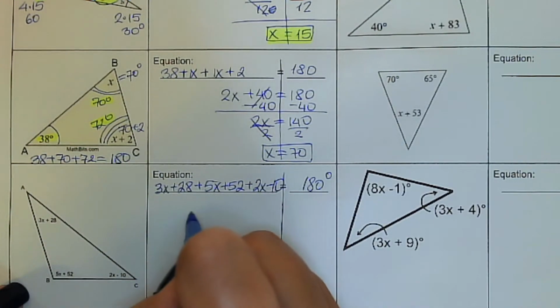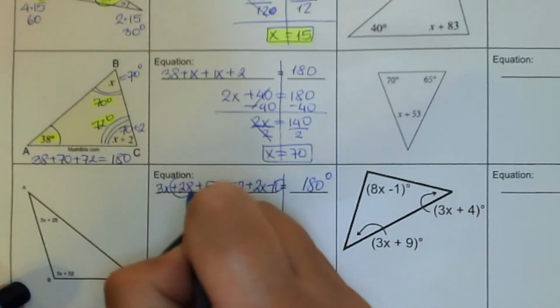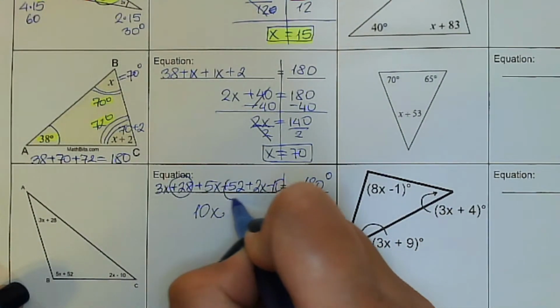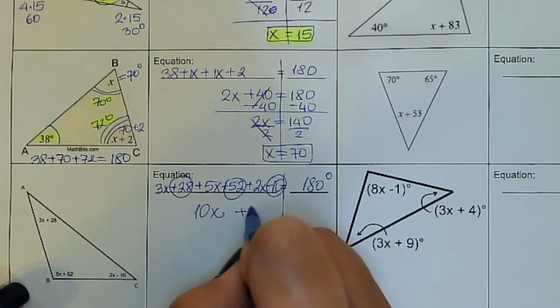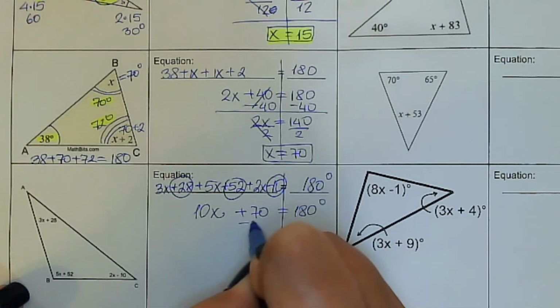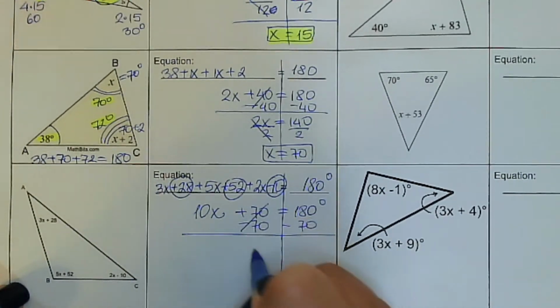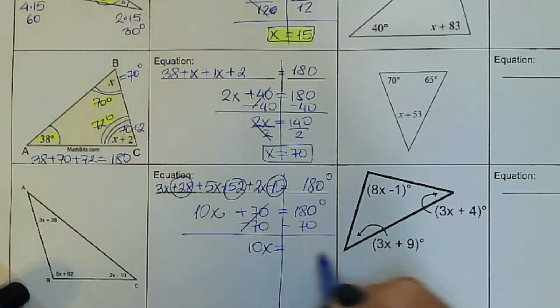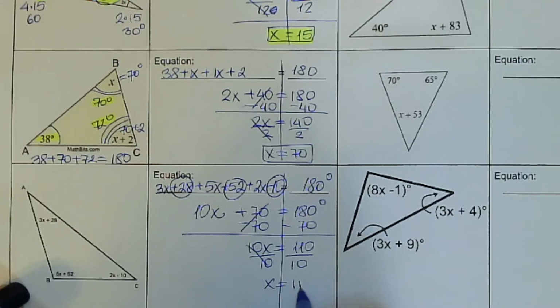We have 10x, combining the x values. Then we have 28 plus 52, and then minus 10, that will be 70. Subtract 70. Bring down 10x. Divide by 10. And the x value will be 11.